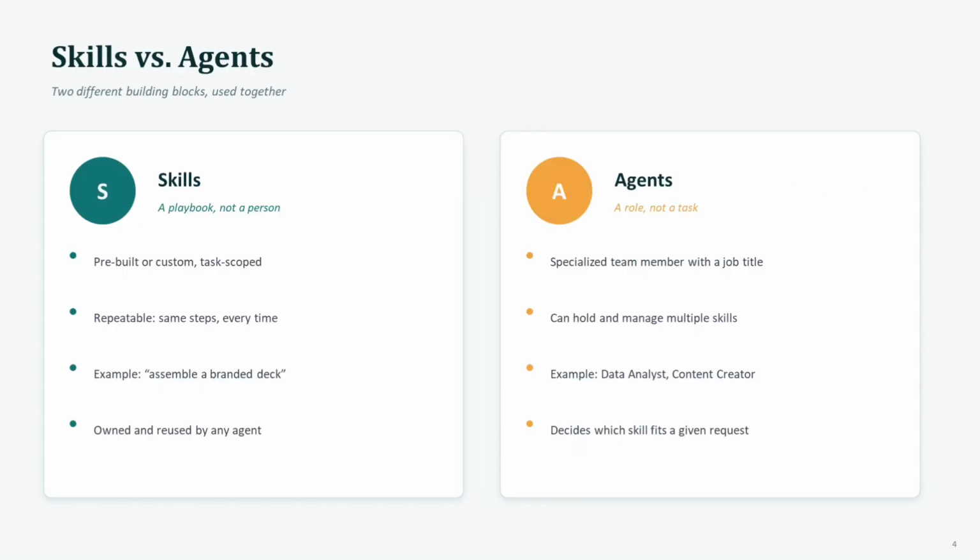Then skill versus agent. What is the difference between the two? A skill is a playbook, not a person, but an agent is a role, not a task. The agent is a role, not specified for just one task.